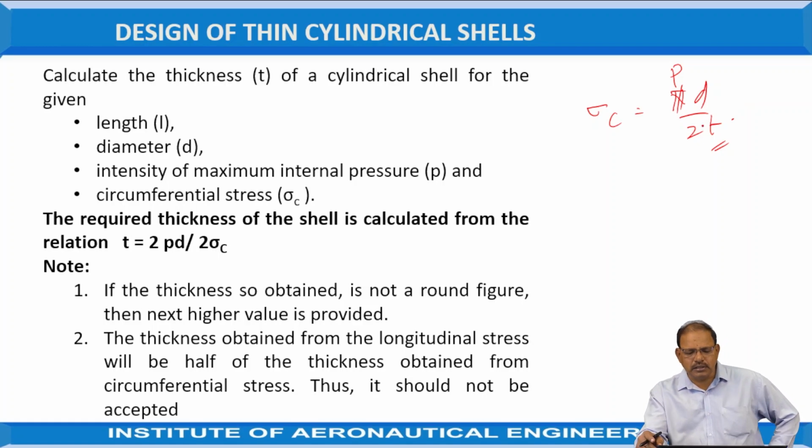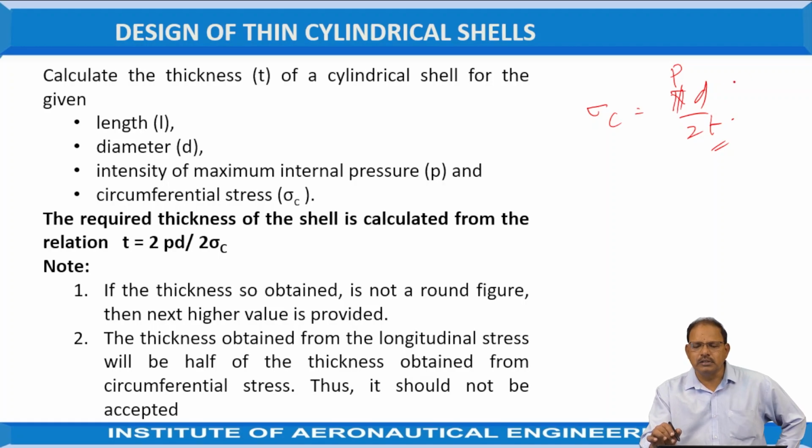Sigma C represents the permissible stress, which is given according to the design data, so sigma C we have to collect. P is the pressure we are allowing inside the cylinder, D is already given, and only the thickness of the shell has to be determined. This comes under the design of thin cylindrical shell.